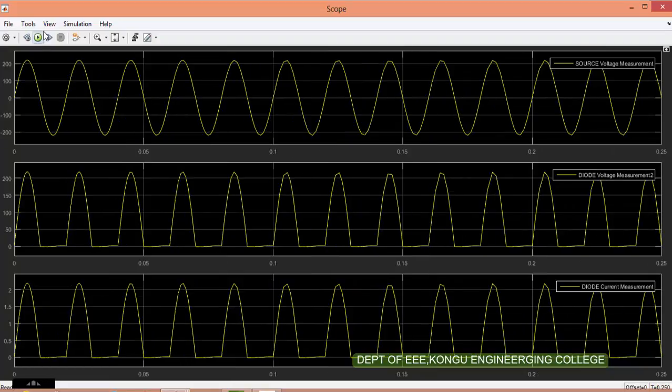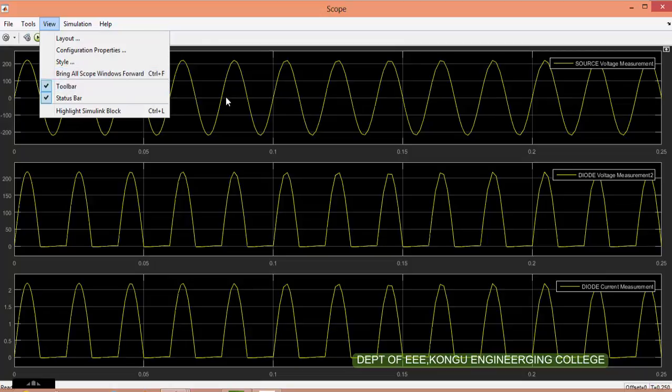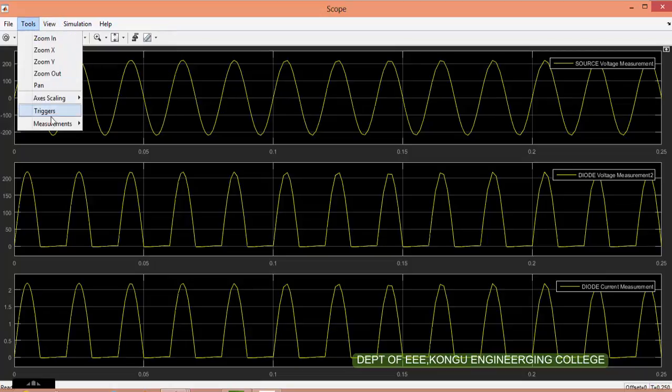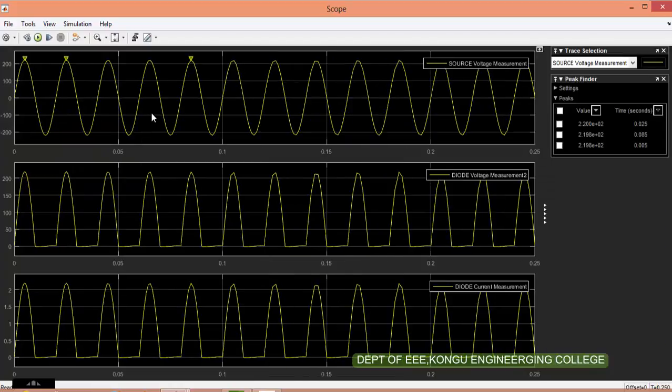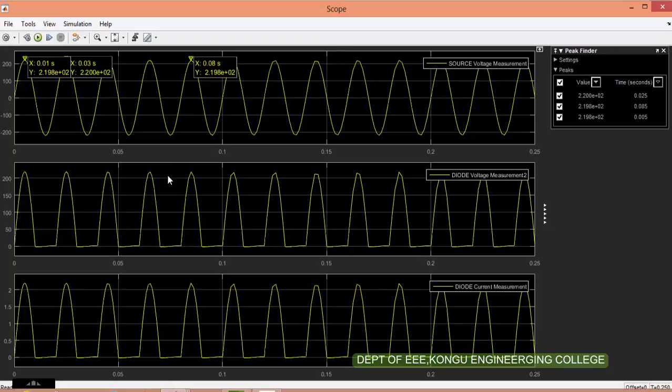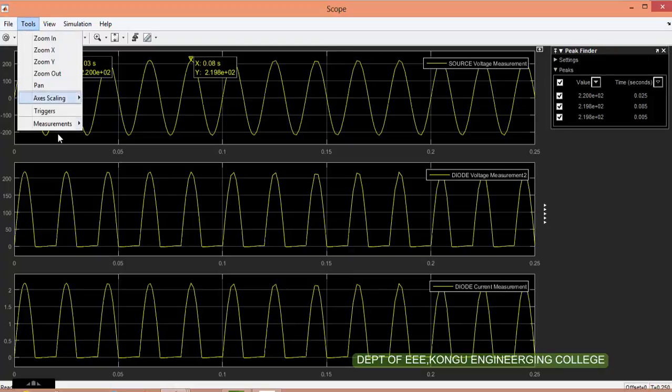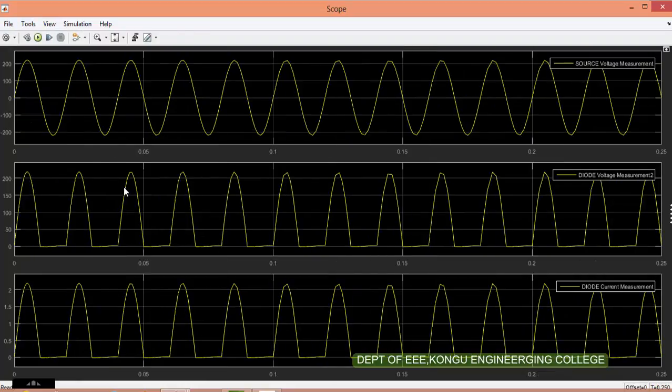Now let us select the first source. Now you can see that I have selected the first waveform and I have opted for peak finder. It gives the value. Let me exit. Select the second waveform, go to tools, peak finder.